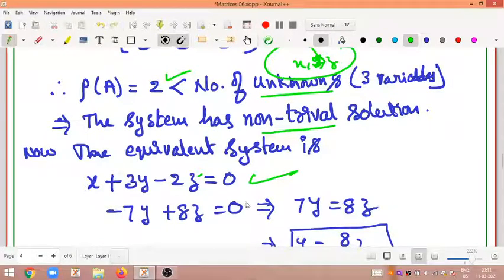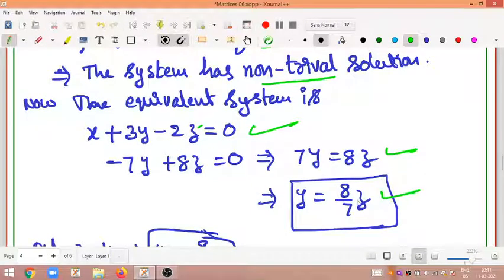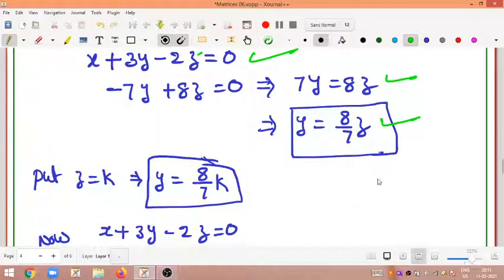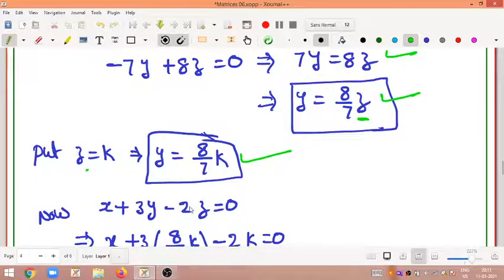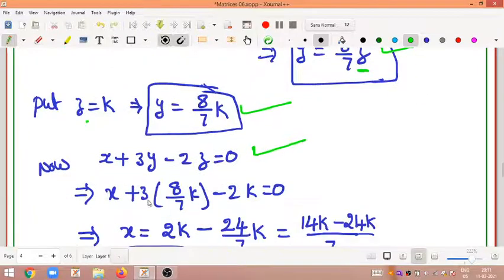See here, 7y is equal to 8z, y is equal to 8 by 7 z. Put z equal to k, then y is equal to 8 by 7 into k. Again, putting the y and z values in the equation x plus 3y minus 2z is equal to 0, we get x plus 3 into 8 by 7 k minus 2 into k, the z value.